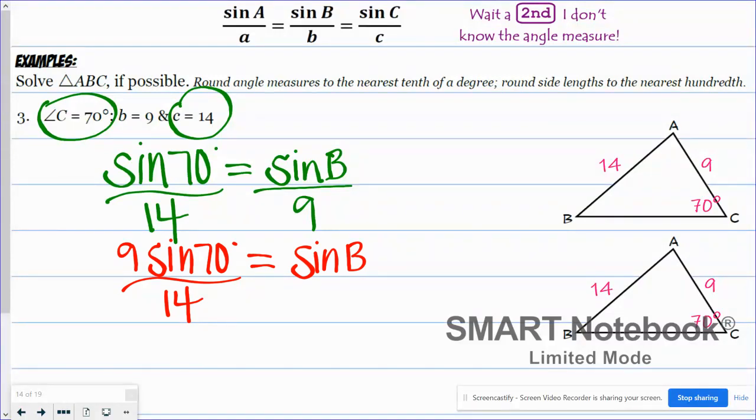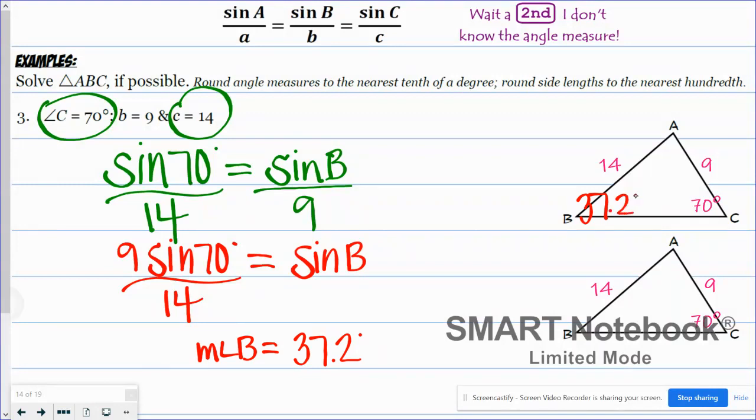So calculating 9 sine of 70 divided by 14, inverse sine of that decimal, and I get that the measure of angle B is equal to 37.2 degrees. So I actually got an angle measure here. So I definitely have one triangle.